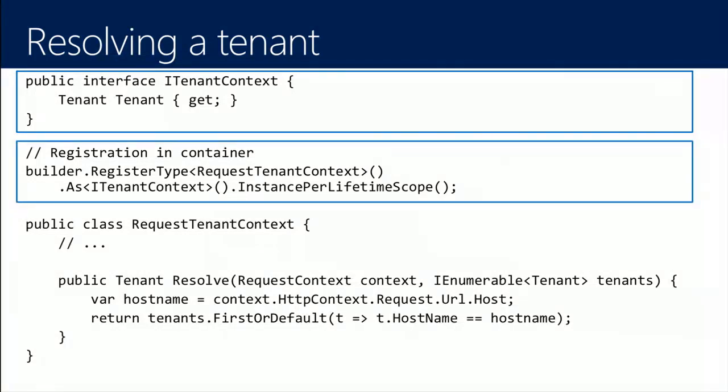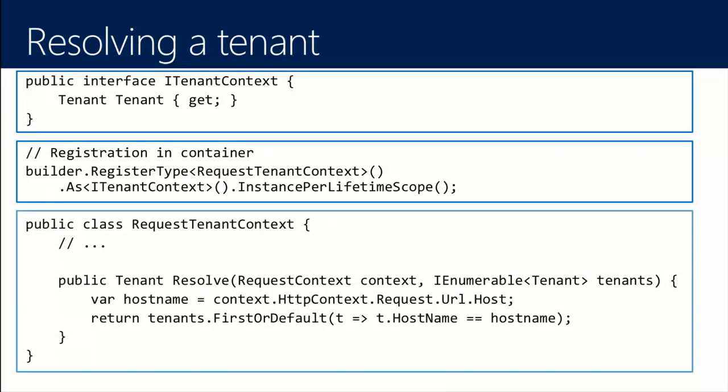Then we register this thing in our dependency injection container, and you see that we are registering a request tenant context. So for every request coming in, based on the lifetime of this dependency container, we create this new request tenant context object. This object then just resolves the context of the tenant based on the URL.